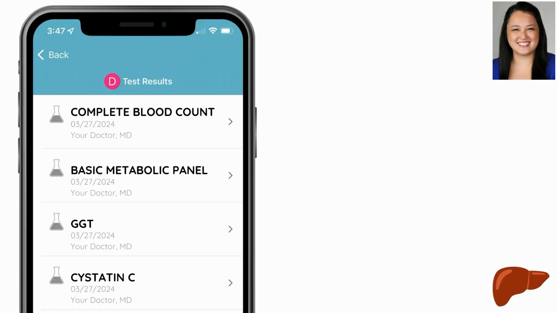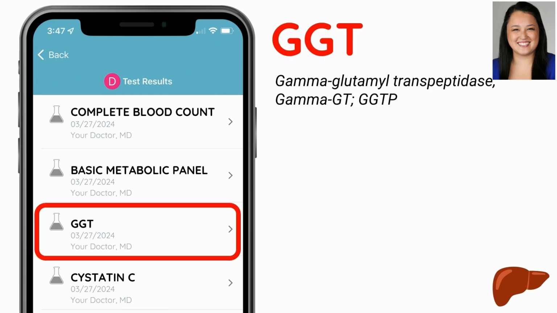All right. And so in addition to the BMP and CMP, there are often a couple tests that might accompany these. So the first one that you may hear of in addition to your metabolic panels is GGT. This is the full name, gamma-glutamyl transpeptidase, but really no one says that.